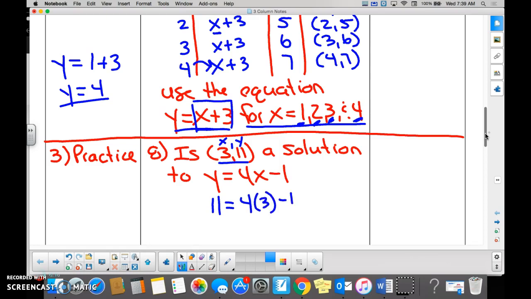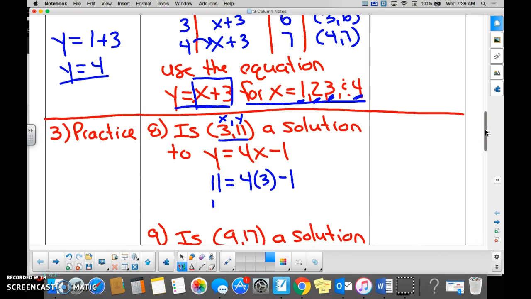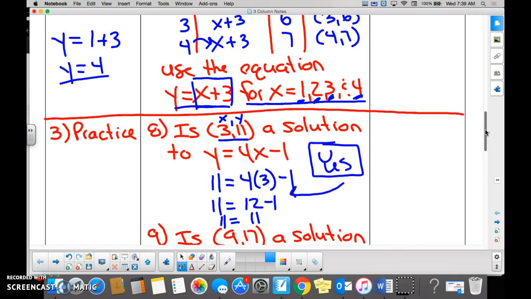And then we're going to drop our minus 1. So is 11 equal to 4 times 3 minus 1? If we do our math, 11 equals 12 minus 1. 11 does equal 11 because 12 minus 1 is 11. So the question is, is 3, 11 a solution to the equation y equals 4x minus 1? The answer is yes. The proof is right there when I plugged it in.